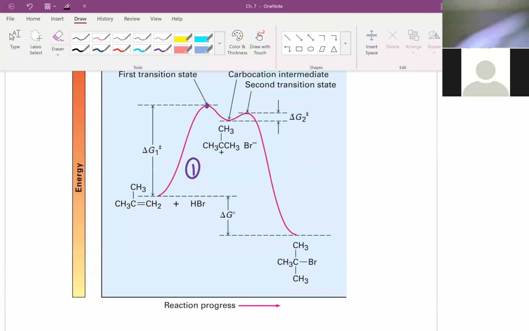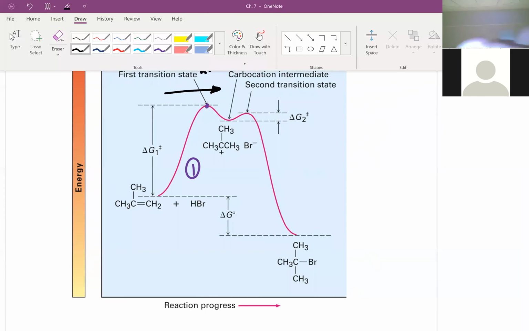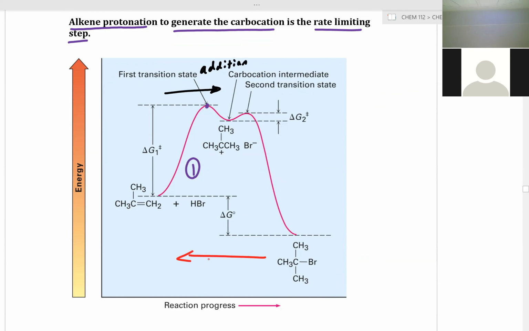One thing I want you to pay attention to is going from left to right on the reaction coordinate is addition. And if we go from right to left, this is the reaction coordinate for elimination.